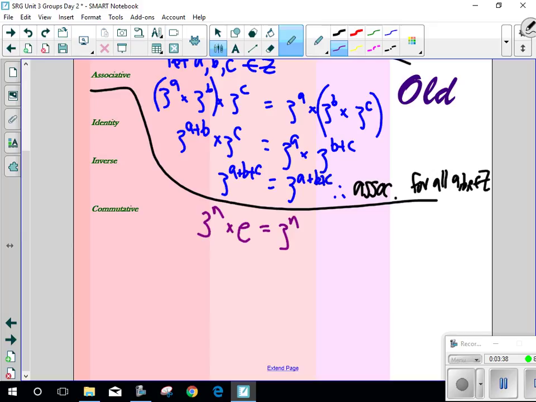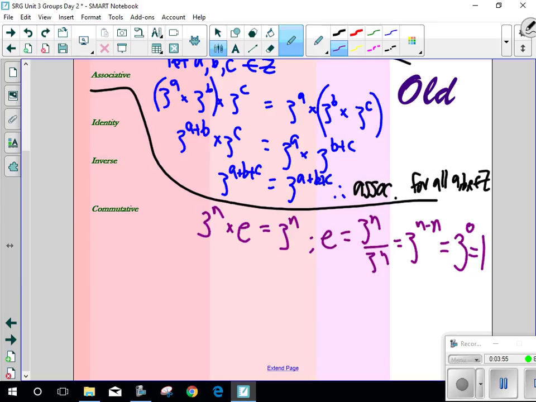Yeah, this is going to have to be e is equal to 3 to the n over 3 to the n, which is 3 to the n minus n, which is 3 to the 0, which we know and love as 1. There you go.